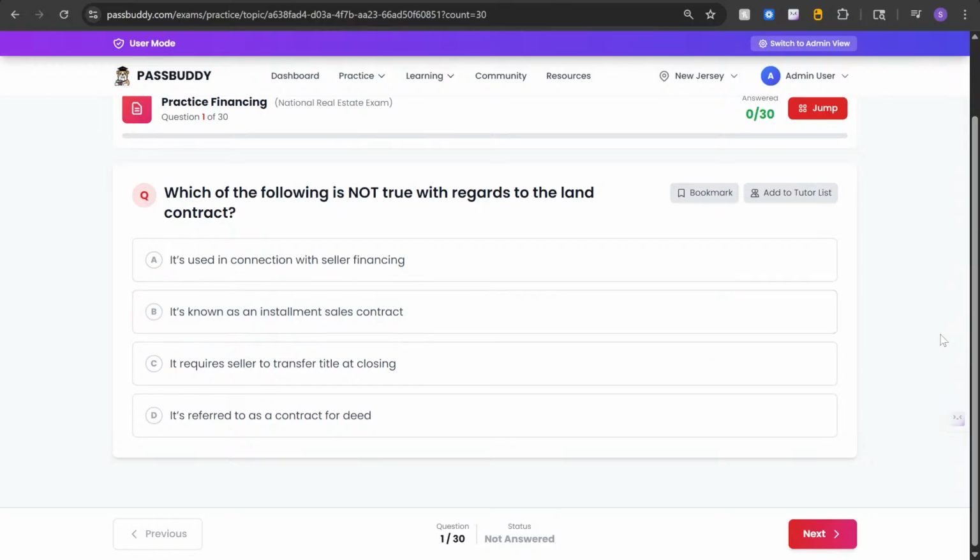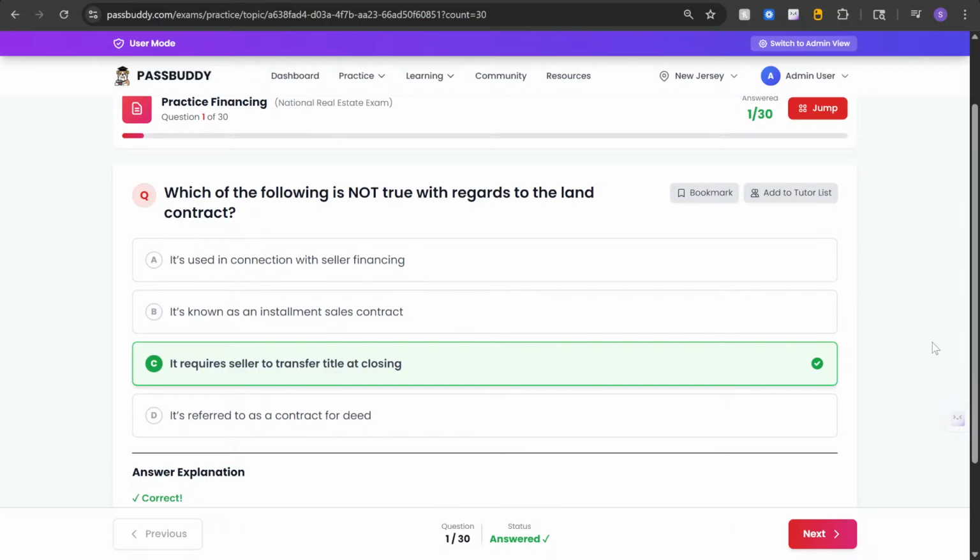So, does it require that the seller transfer title at closing? Nay, it does not require that. So, if that was what you chose, 100% that is absolutely accurate. It does not require the seller to transfer title at closing. So, the statement that it does is false. It is not true.